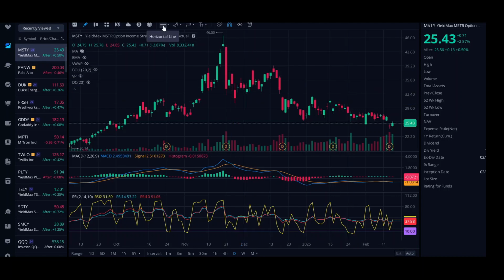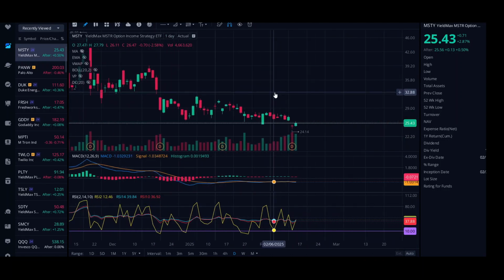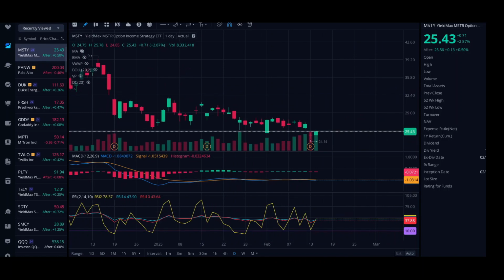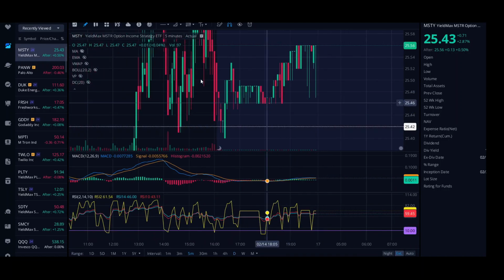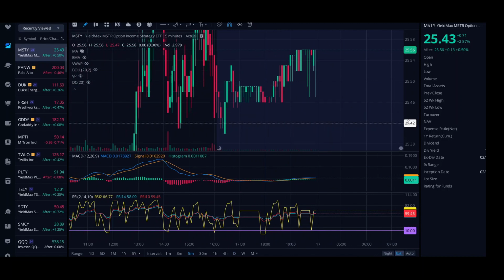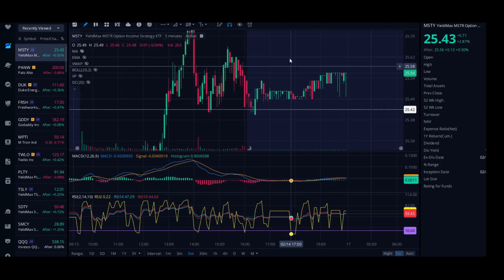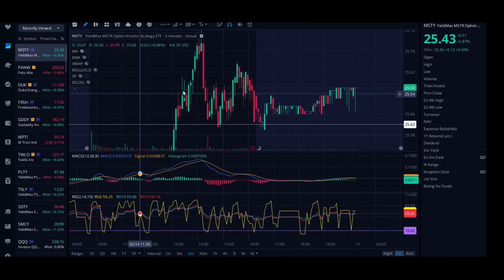So if I was to go in here and draw in a support here. Let's look here, and what we'll do is put on a little 5-minute chart just to see if that might give us a little bit better movements to show some supports on. Now, of course this is not financial advice.